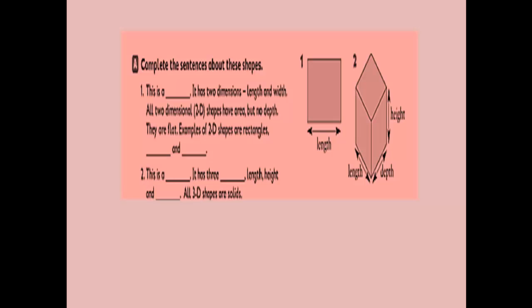They are all solids. So here in this practice we have known something, that we have 2 kinds of shapes, 2D shapes and 3D shapes. The 2D shapes have length and width, just length and width, whereas the 3D shapes have length, depth, and height.